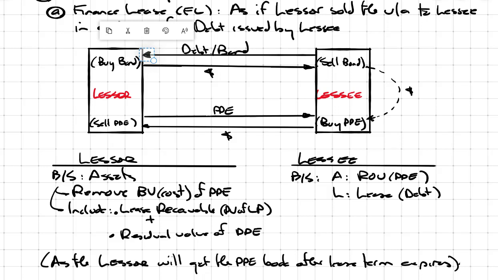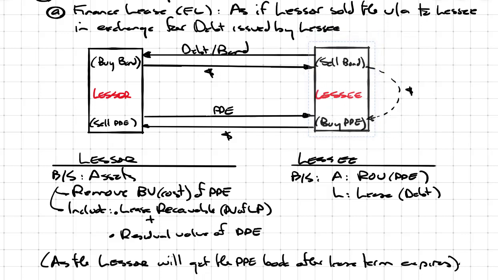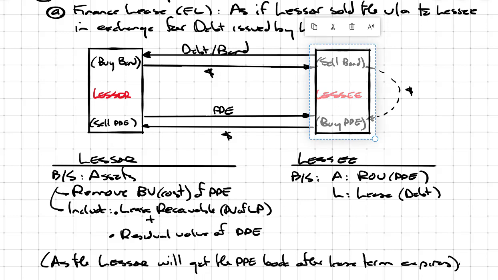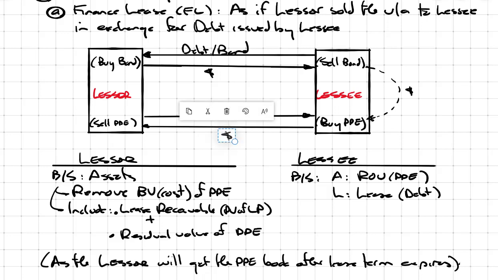So once the lessee raises the cash by issuing a bond, that cash is then being used to buy the property, plant, and equipment. It's right there. So in effect, the lessee's taking that money and paying it back to the lessor, and then buying the property, plant, and equipment from the lessor.